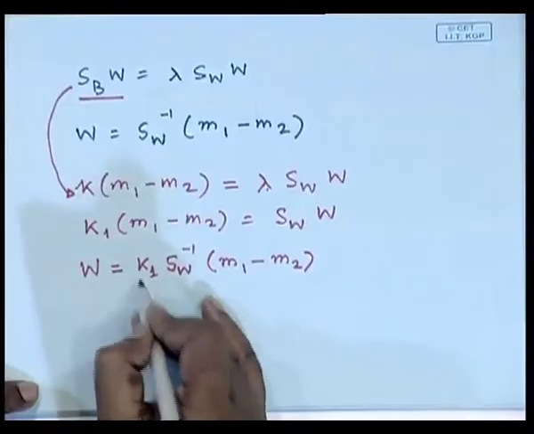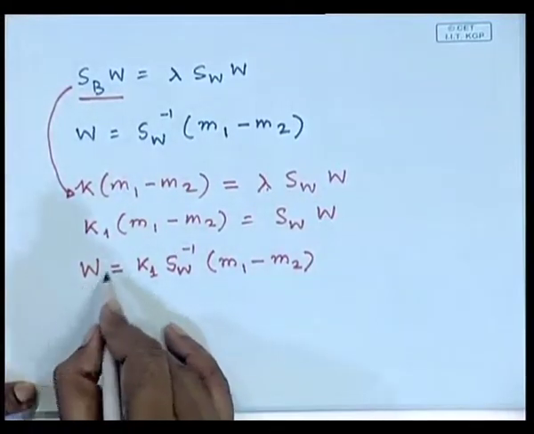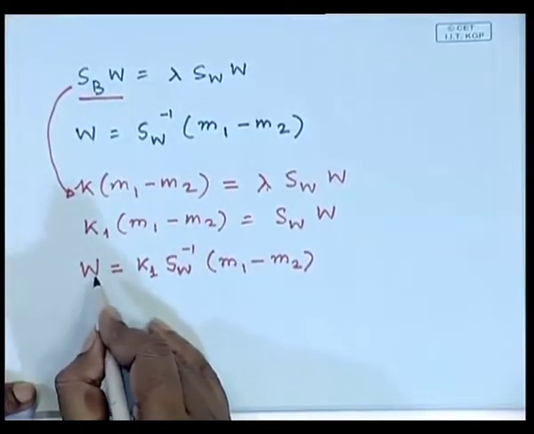If I increase the scale factor, the separation will be more, the points will be more spread. If I reduce the scale factor, the separation will be less, the points will be less spread. So, both the separation between the classes as well as the variance in the projected domain vary simultaneously depending upon the value of k in the same scale. So, this scale k or k1 is not that important. What is important is the direction W.